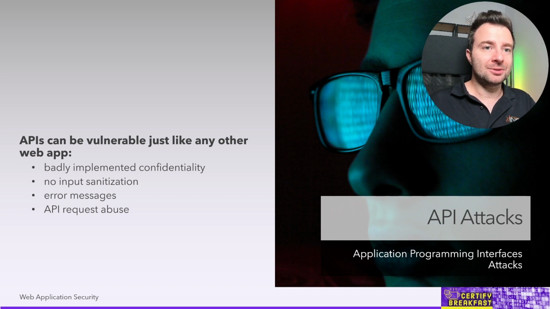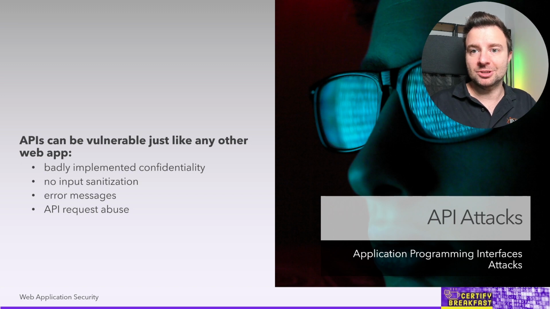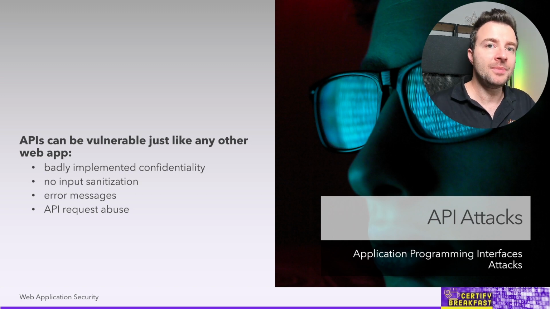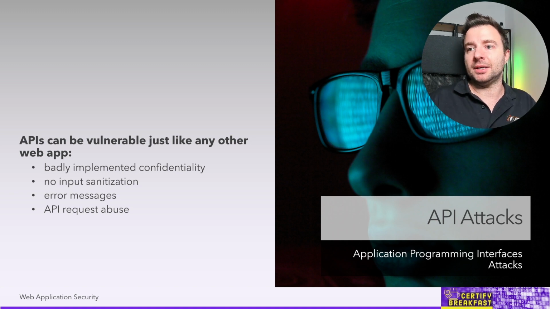So APIs, on the other hand, are a bit more vulnerable, I would say, than normal web applications, even though they're not as flexible. But also, one major drawback of APIs is that most of them don't really perform any kind of input validation, because we expect all the requests that come in to play by the rules, right? To obey the API rules, since they are generated by an automated tool, by a script, by a machine.